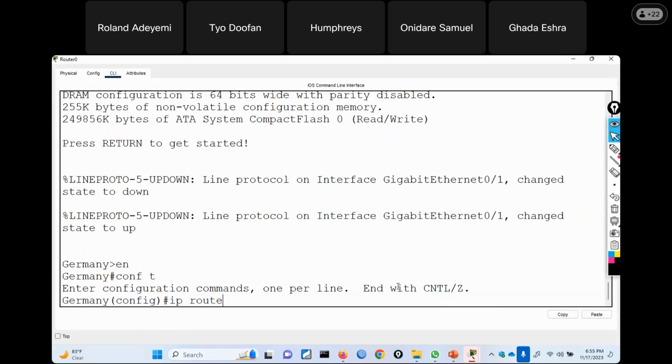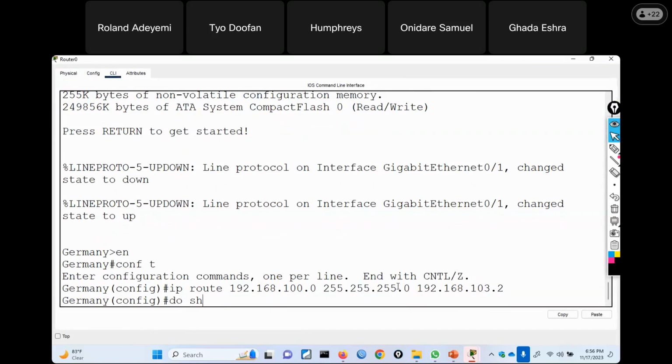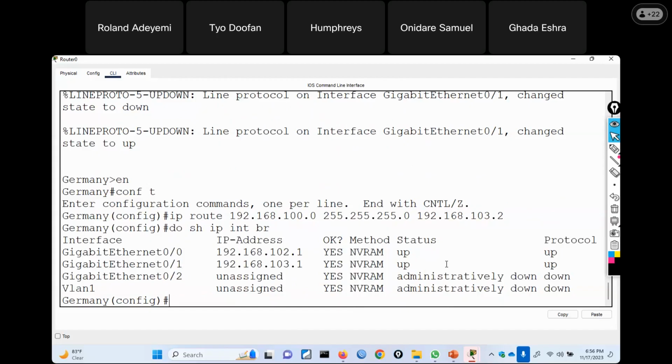IP route 192.168.100.0 255.255.255.0 192.168.103.2. Let me check the IP address on the show. Okay, the other side is .2.